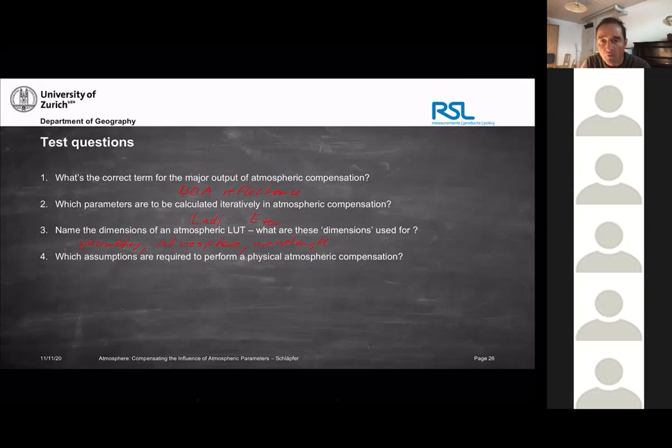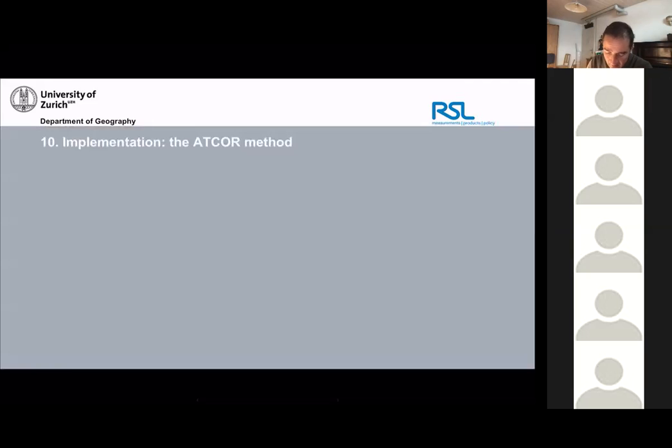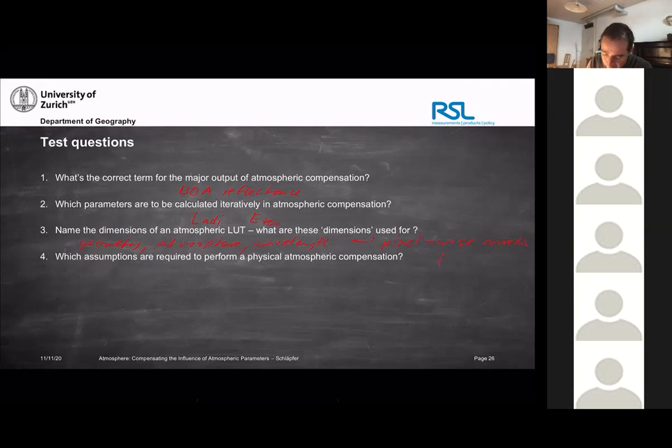And what are the dimensions used for? They're used for pixel-wise correction. In each pixel you search for the geometry, the atmospheric state, and the wavelength, and then you search in the lookup table for the correct value based on these dimensions. So the output comes from the lookup table.